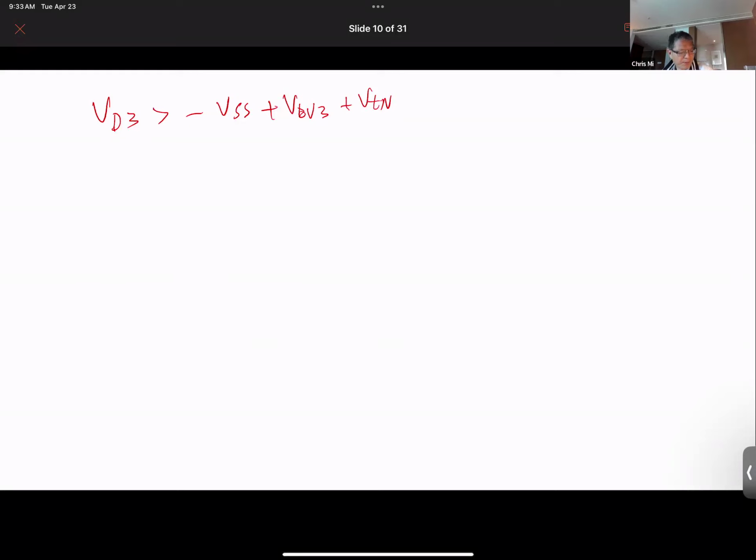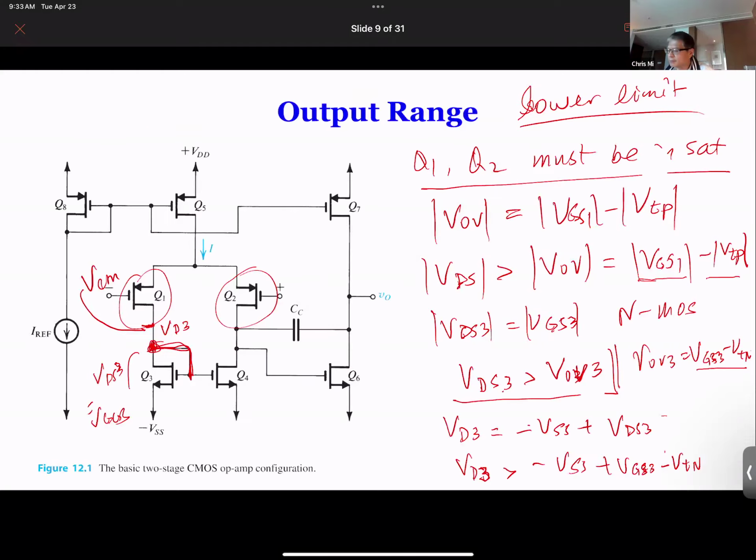Sorry about that. VD3 equal to minus VSS minus VDS3. VDS3 equal to VGS3. So VGS3 equal to VOV3 plus VTN.